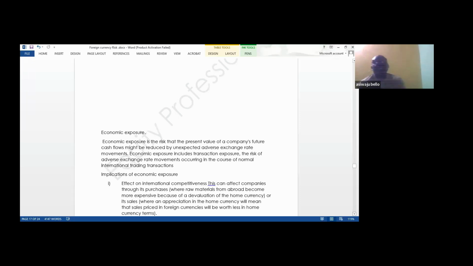Economic risk includes transaction risk, the risk of adverse exchange rate movements occurring in the course of normal international transactions.